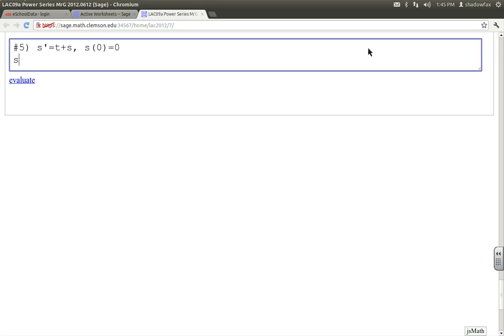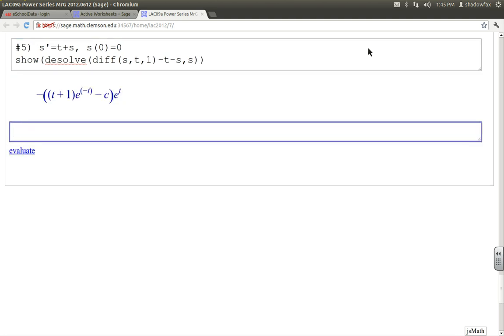Okay, so show the DE solve of the diff of s comma t comma 1 minus t minus s. Okay, minus t, remember we have to set it equal to 0, minus s for s. Close the DE solve, close the show, and you get something to do with e to the t. Didn't we say it was e to the t minus 1, something like that, right?